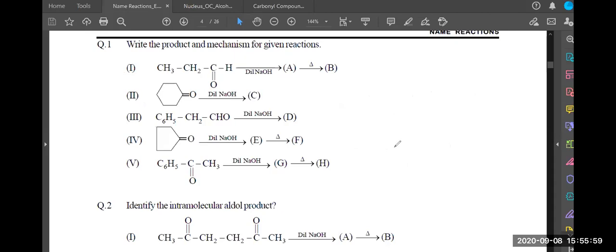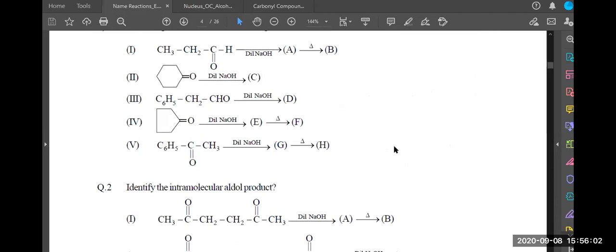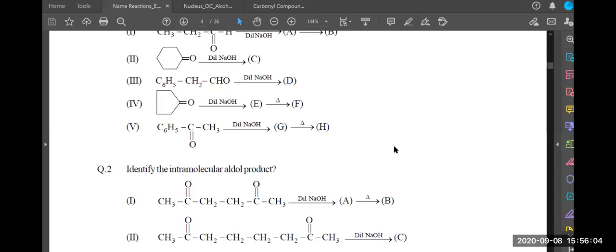Now when we talk about aldol, we have four things: normal aldol, cross aldol, intramolecular aldol, and retro aldol. This is your normal aldol, the self-aldol condensation.